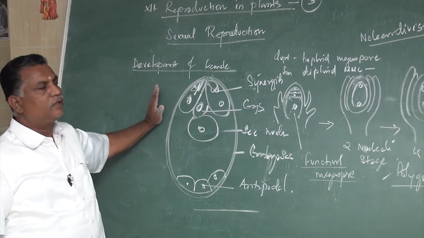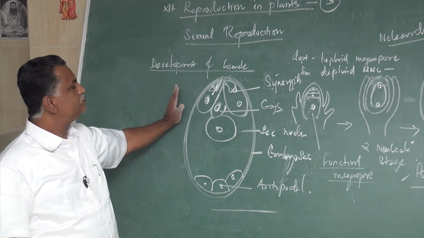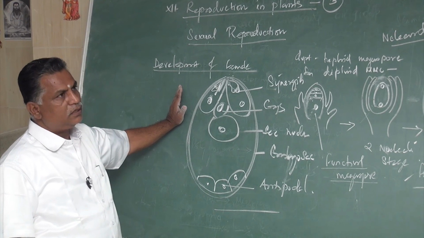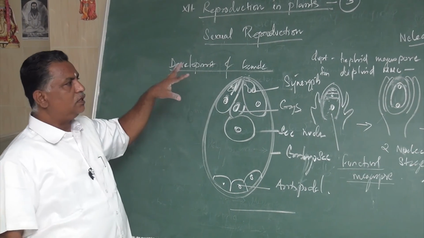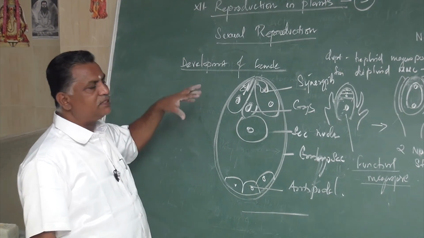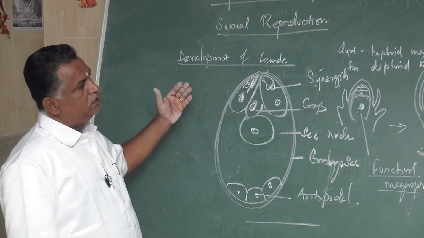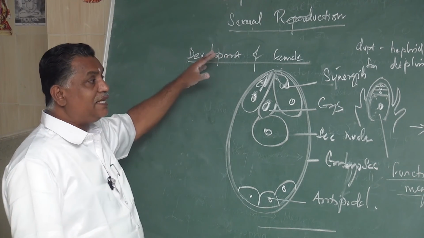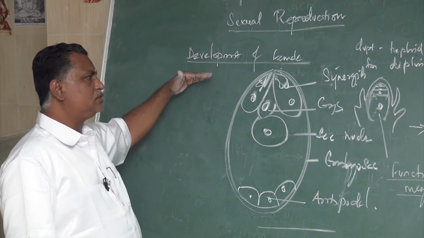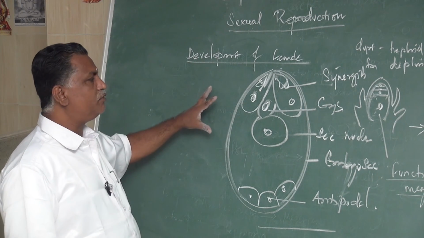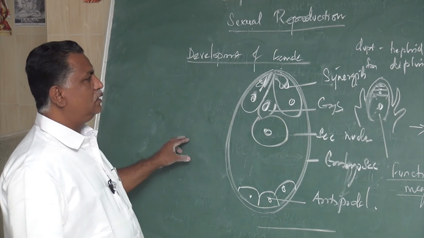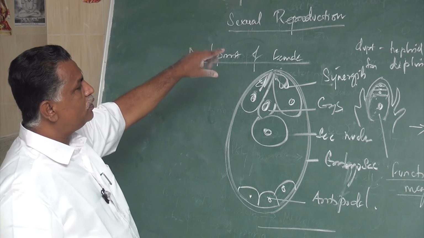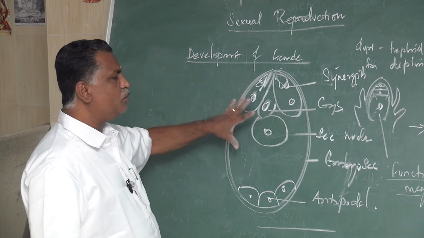So far, we have been discussing the gynoecium and its parts. After that, the structure of the ovule: what structures are present inside the ovule, what is the nature of the ovule, and types of ovule. We saw 6 types of ovule: orthotropous, anatropous, campylotropous, hemianatropous, like that. Then development of the female gametophyte, the functional megaspore, and the development of the embryo sac.